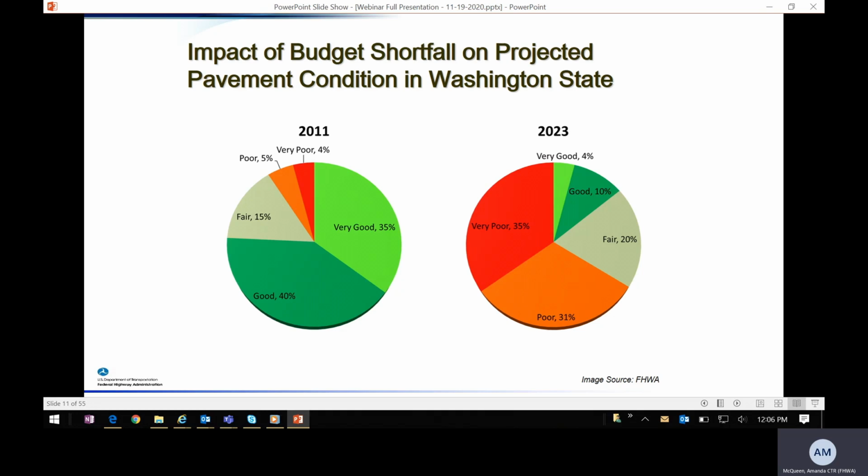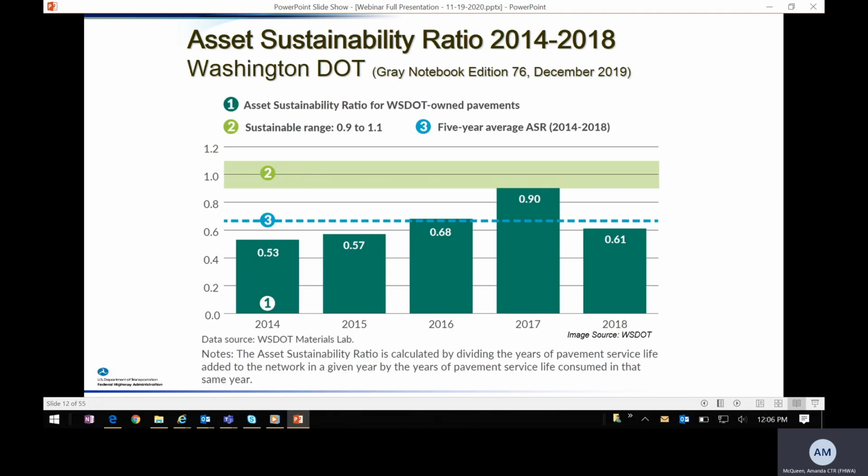And the consequence of that, what they're projecting is from having something like 75% of the pavements in the network in good to very good condition, down to only like 30% by 2023. And the pavements in poor and very poor condition going from 9% to making up almost 40% by 2023. Now, if you look at more recent data, this is from last year. They published this in this.